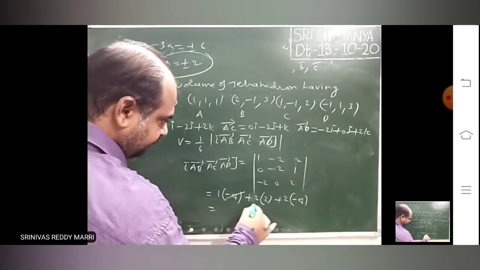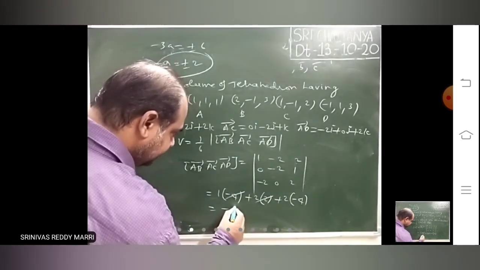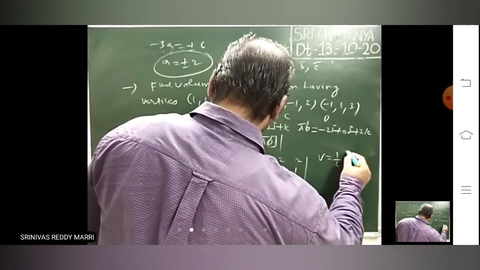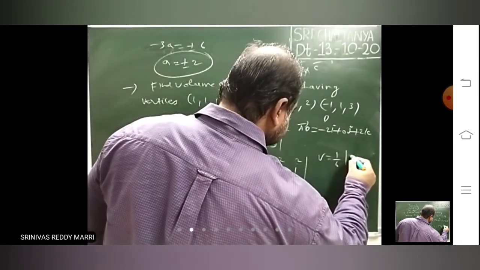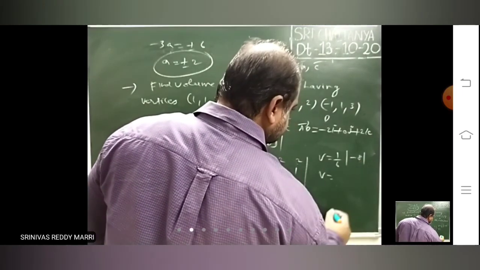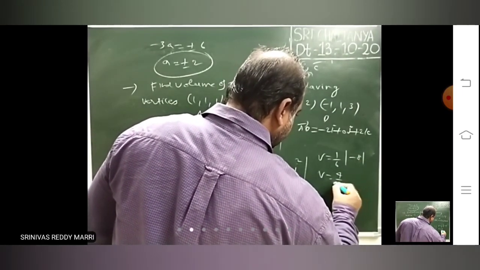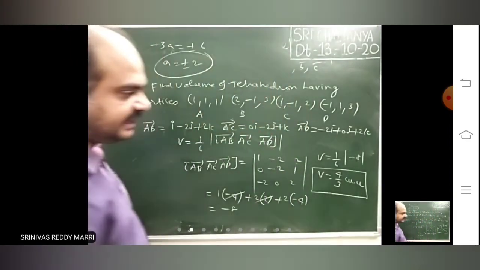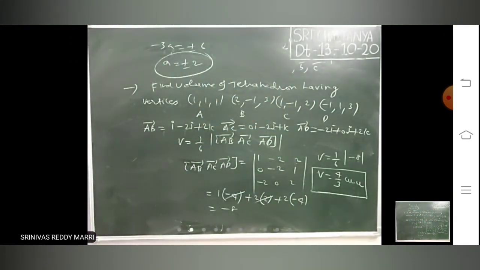Minus 4 plus 4 cancel, so minus 8. Therefore volume is 1 by 6 into modulus minus 8, so volume is 4 by 3 cubic units. That is the volume of the tetrahedron.